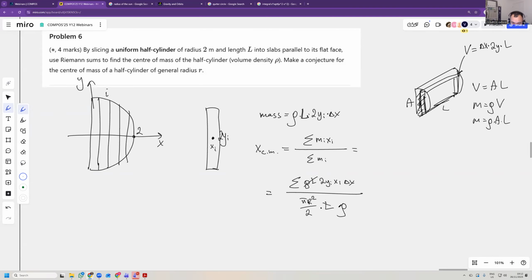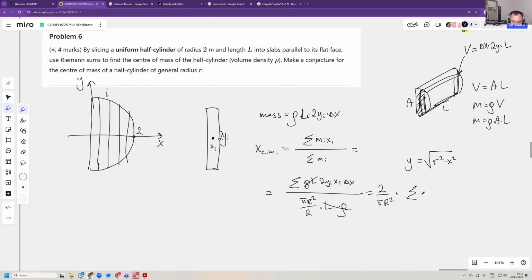Density and length cancel. That's good. So it goes 2 divided by pi r squared multiplied by the sum of 2y, and y is equal to the square root of r squared minus x squared.